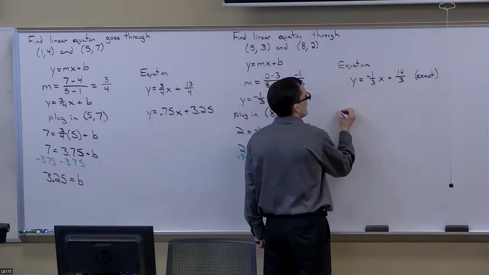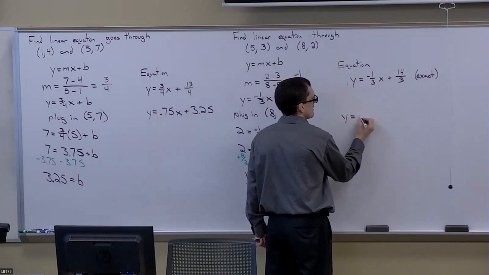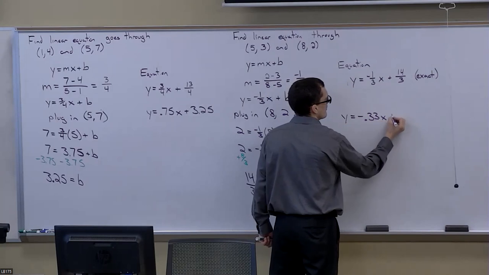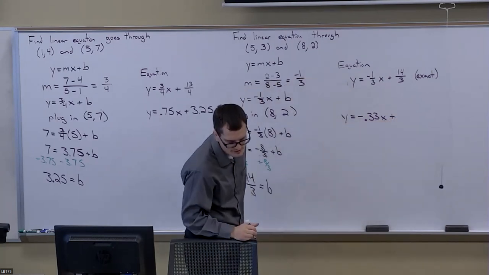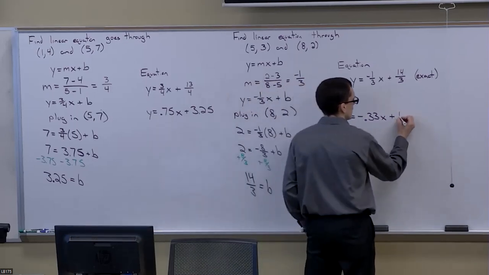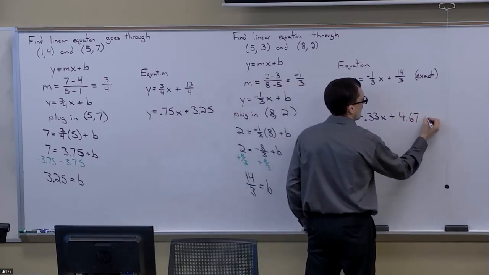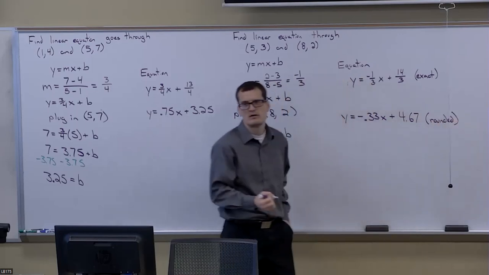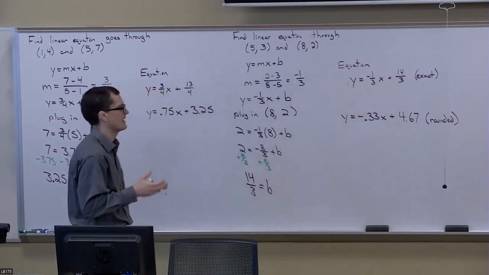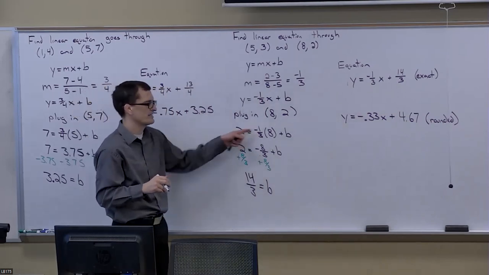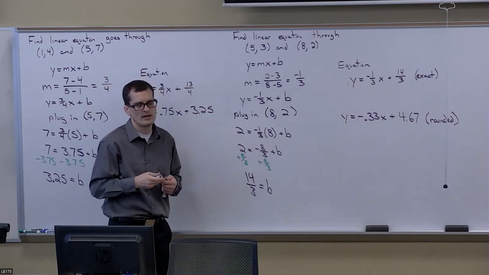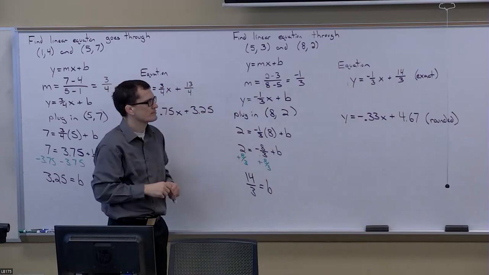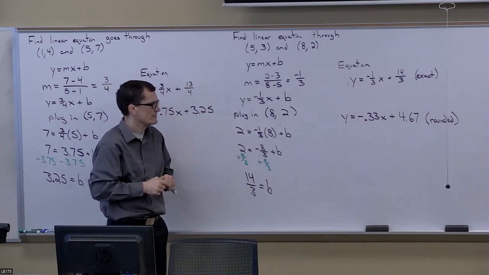And so if you're gonna do rounded numbers, that's gonna be -0.33x plus 14/3 is 4.67. But again, notice I didn't round until the very, very end. I wasn't rounding in here all the time. So if you do come across an equation like that, just wait till the end to round.